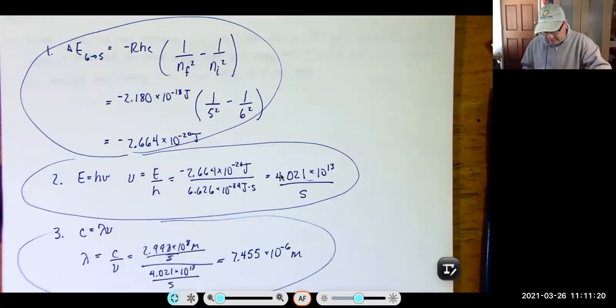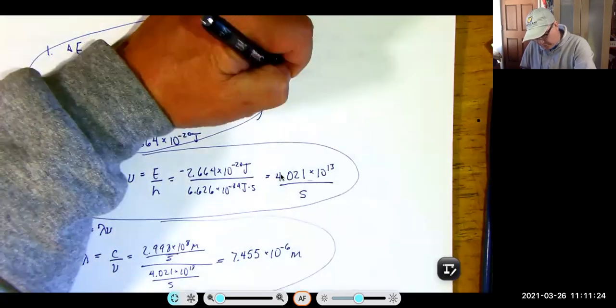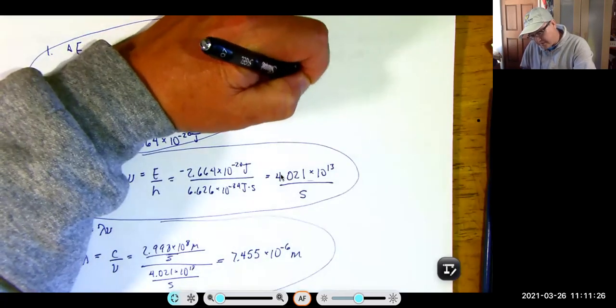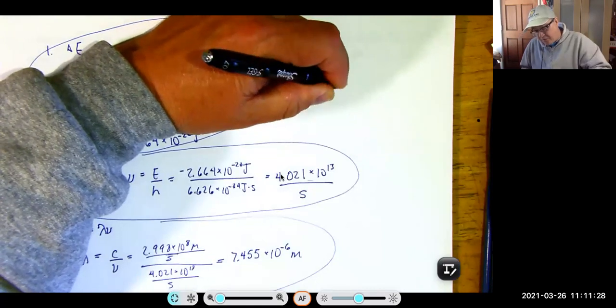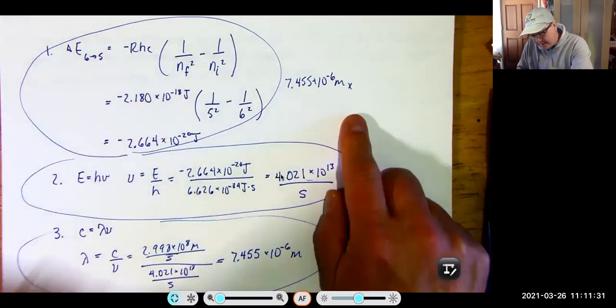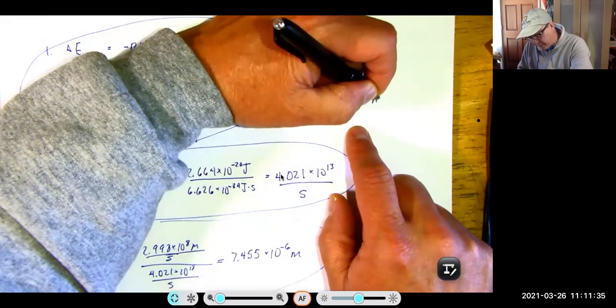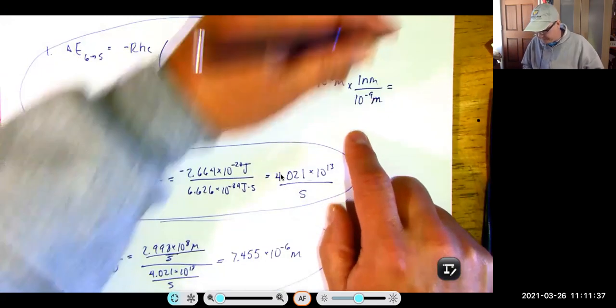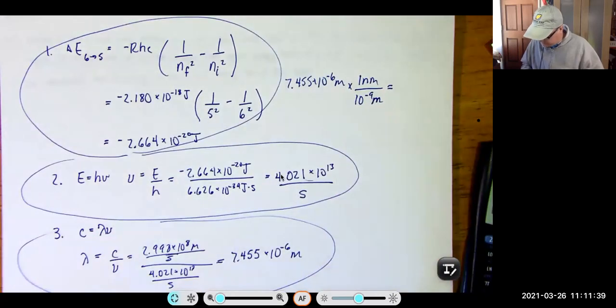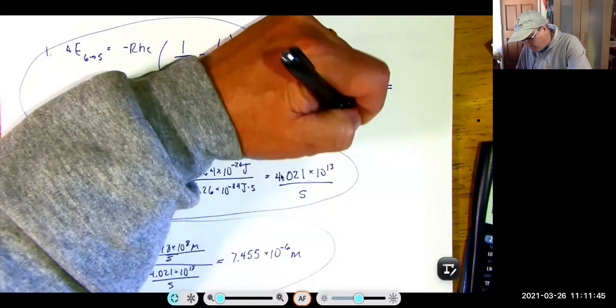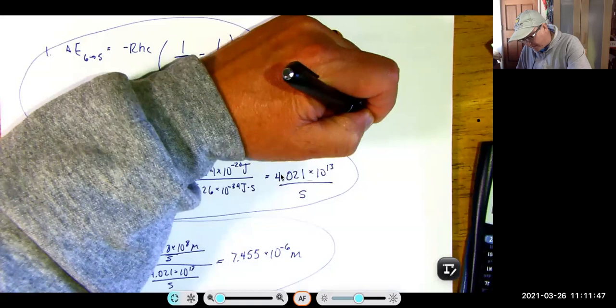Okay, so have you figured out the spectrum? This is what I would do. I'd multiply by 1 nanometer per 10 to the minus 9 meters, excuse me. And I would find out that this is 7,455 nanometers.